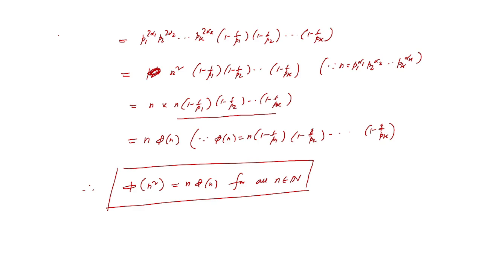Now, next problem. This will be problem number 9. What is the problem? To prove that phi of n equals n by 2 if n is of the form 2 to the power k for some k belonging to the natural numbers.